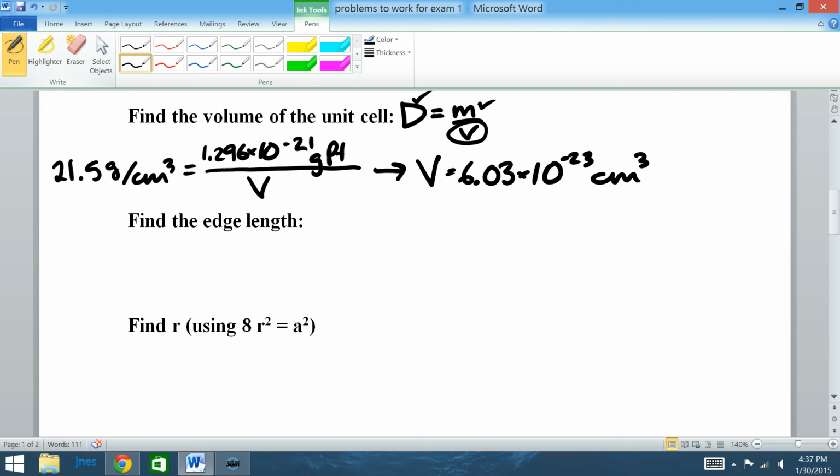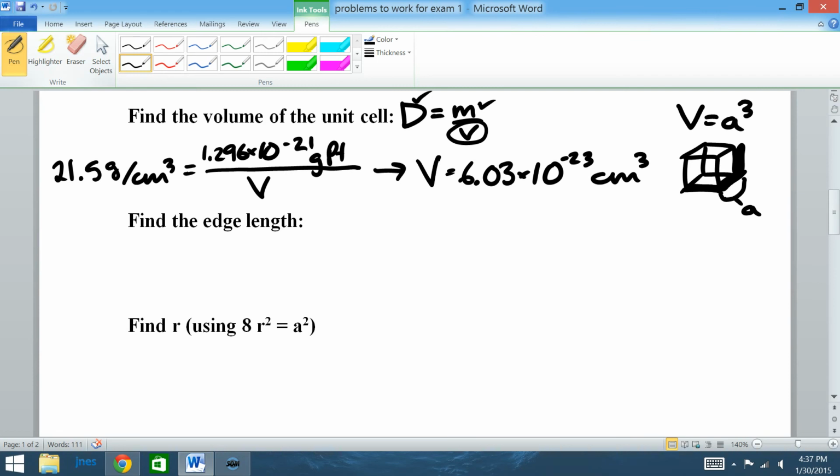Now remember, all we've got here is a perfect cube. And if I have a cube, we have the relationship for volume. Volume is going to equal the edge length, which is A, cubed. Or in other words, length times the width times the height. But because these all represent the same length, and that's A, we get V equals A cubed.